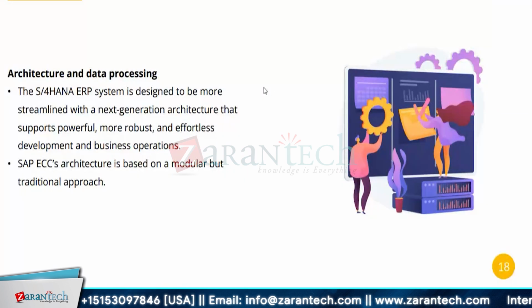We need to be aware of how they are placed in the S/4HANA architecture, and what integration possibilities are available. Compared to ECC, it was basically a traditional approach, and not many integration possibilities were there. That was one of the major differences.